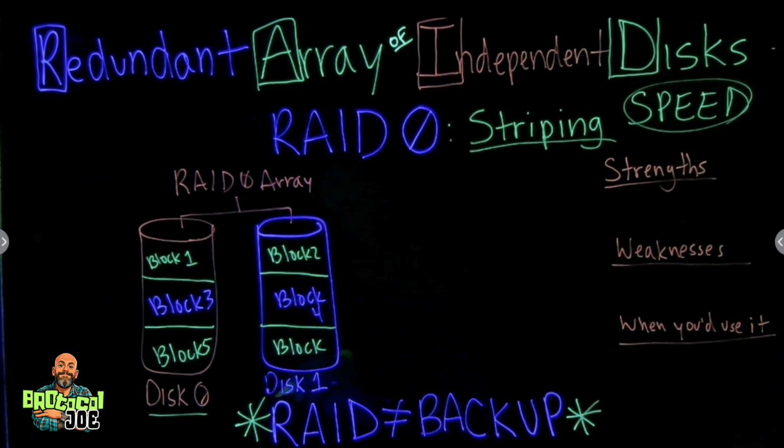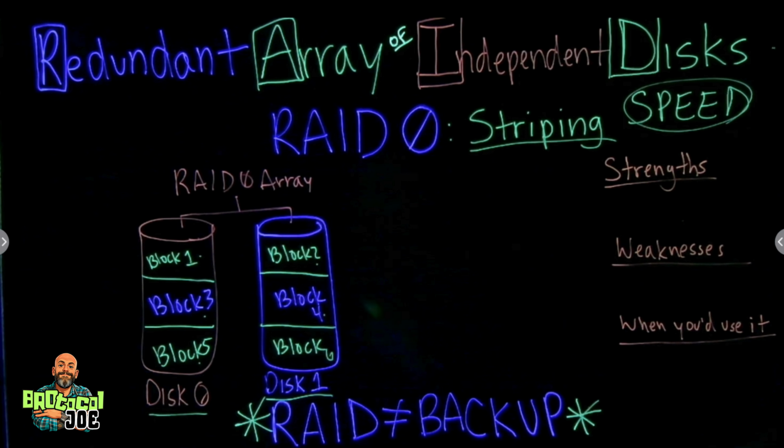So I made a very simple drawing here. We have two disks. We have block 1, 2, 3, 4, 5. Oh, and I forgot to add the 6. So in this RAID 0 array, the blocks of information are striped across both drives.